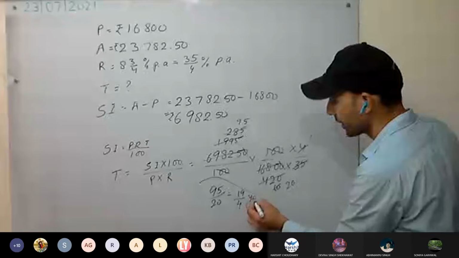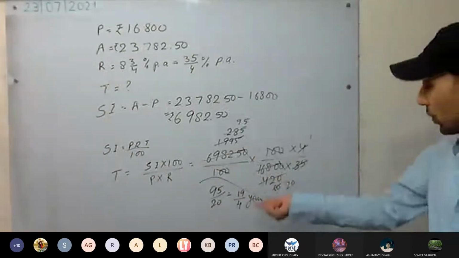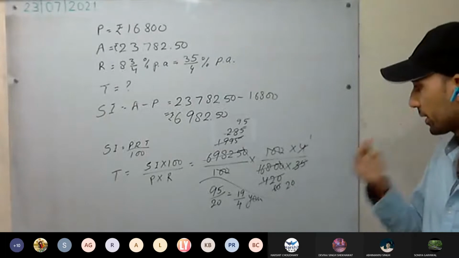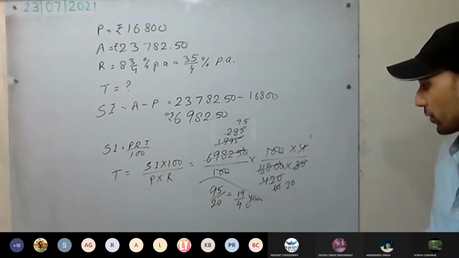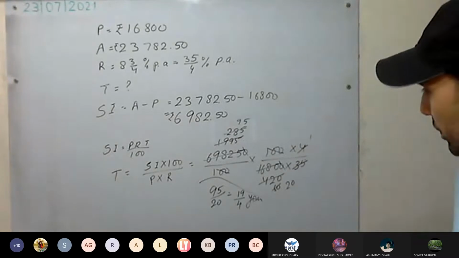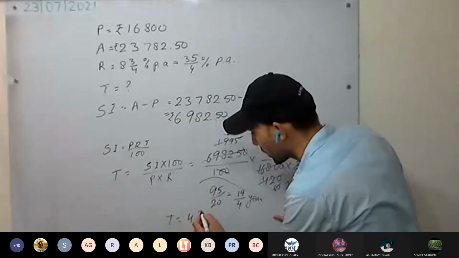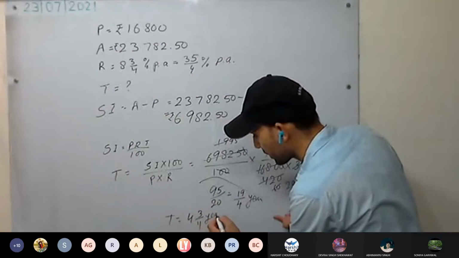These many years. You can convert into a mixed fraction as well: 4 3 by 4. So time equals 4 3 by 4 years.